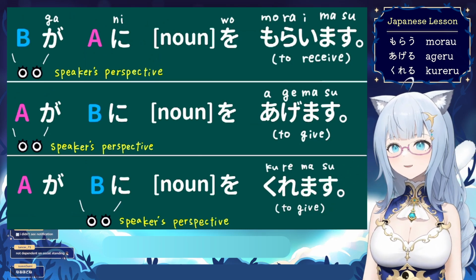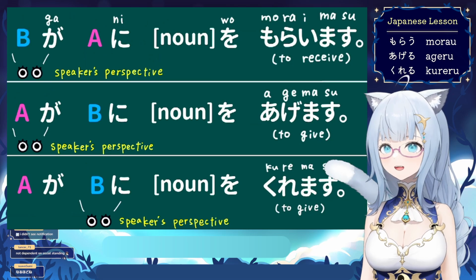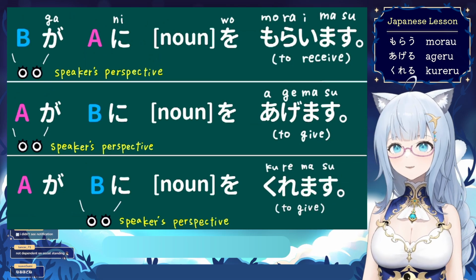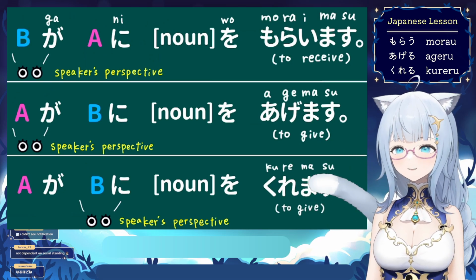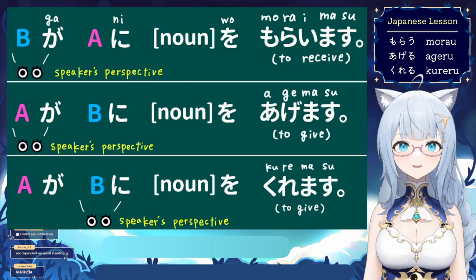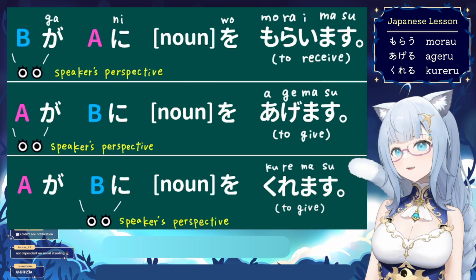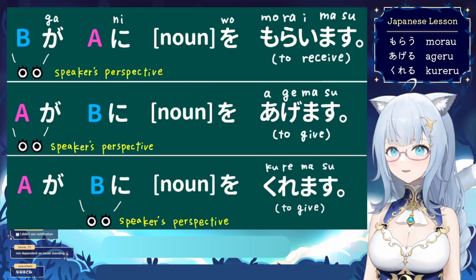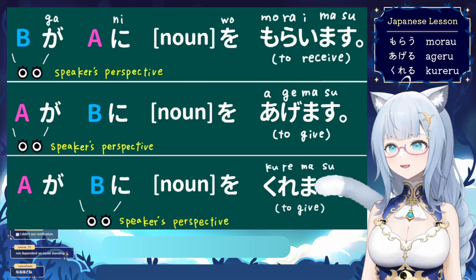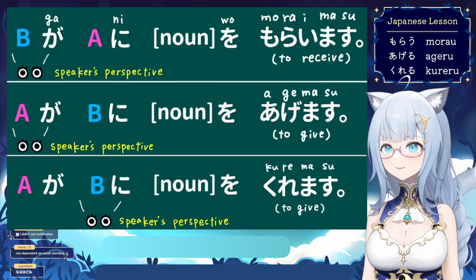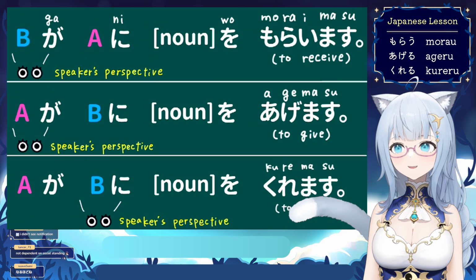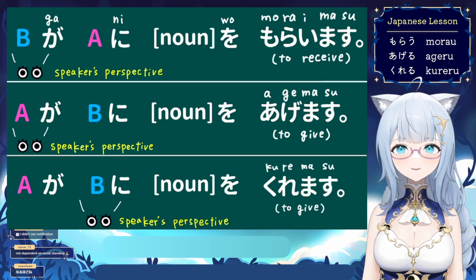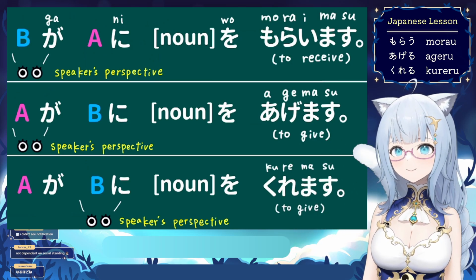So the speaker's perspective is different between the あげます sentence and the くれます sentence. For もらいます, receive, the speaker's perspective is on the B side, the subject side.